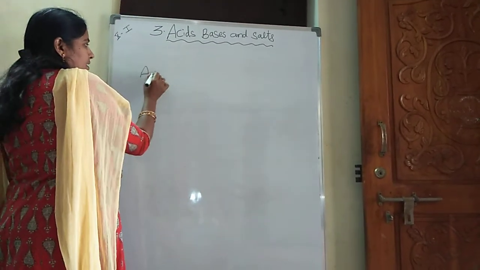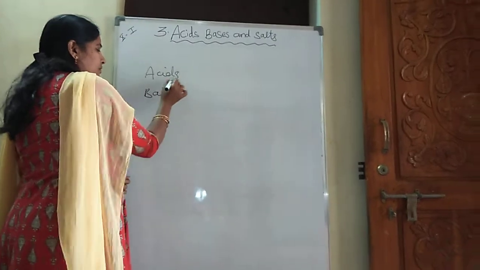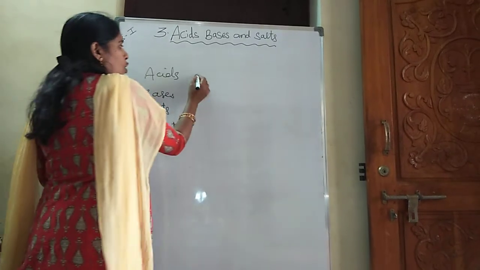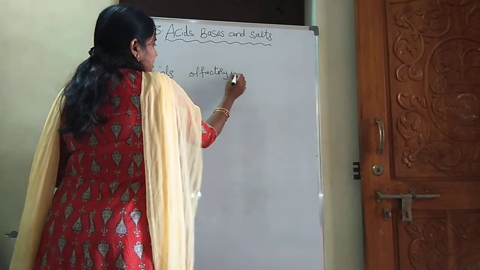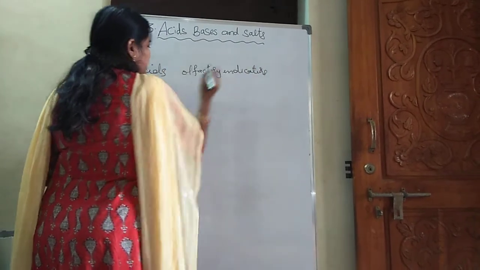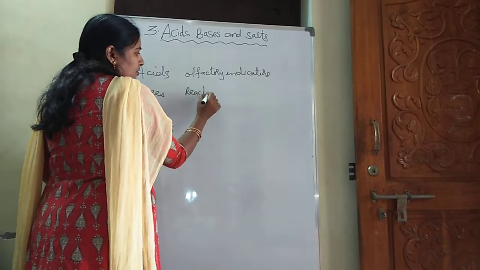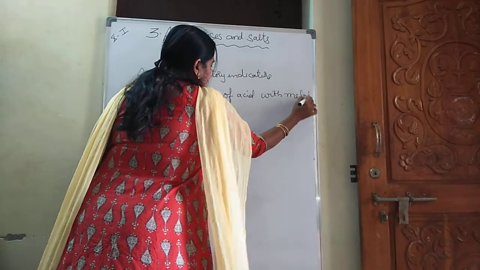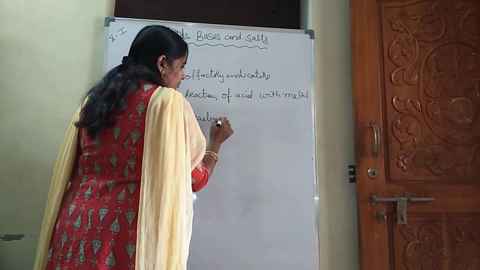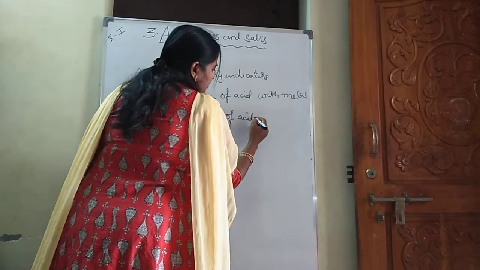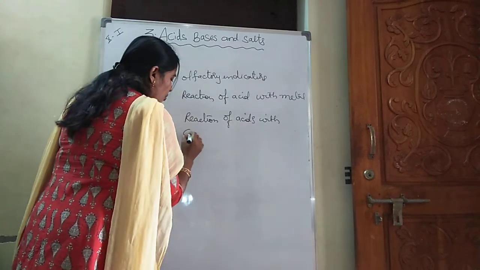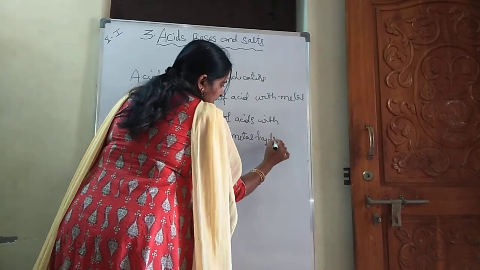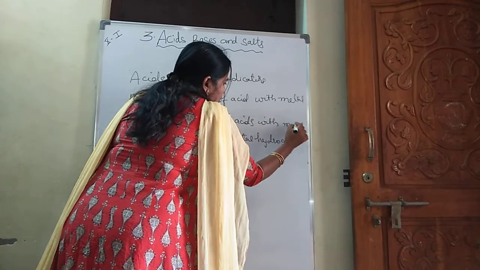Now we studied about acids, bases, salts, indicators, olfactory indicators, and the reaction of acids with metals, and the reaction of acids with metal carbonates and metal hydrogen carbonates.